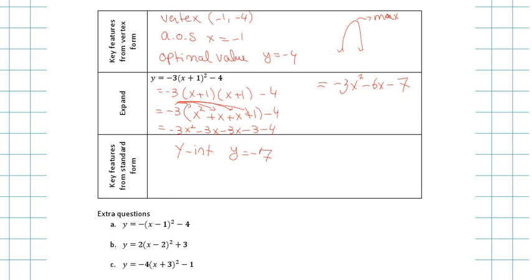Okay? So in a case where you have a word problem, and it gives you the vertex form, and it asks you what is your y-intercept, one way you can do it is you can put it in standard form and then say the y-intercept is at this.